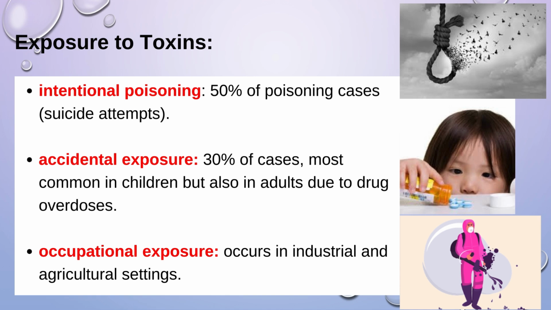We are exposed to toxins most commonly, in 50%, half of the cases, through intentional poisoning, such as suicide attempts. It's a very sad thing. We also have things that we are not intentional in doing. Accidental exposure accounts for 30% of cases, and it's very commonly seen in children because kids are innocent and don't know what they're eating or playing with.